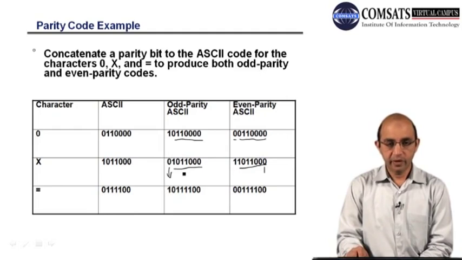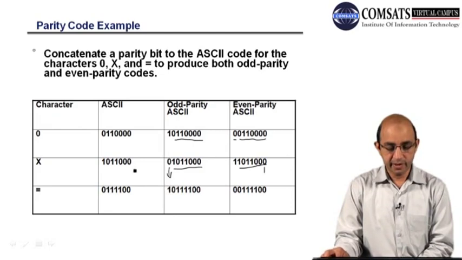So this is the way it works, but there can be a problem, right, which is not detectable. This is the number X, and this is the equivalent ASCII binary number, and this is the odd parity, right?